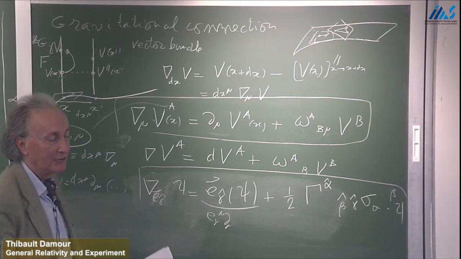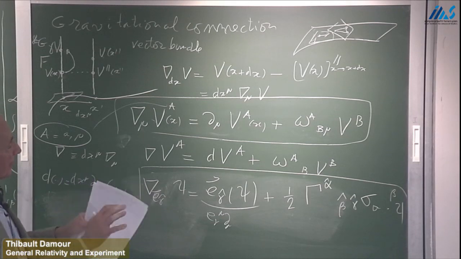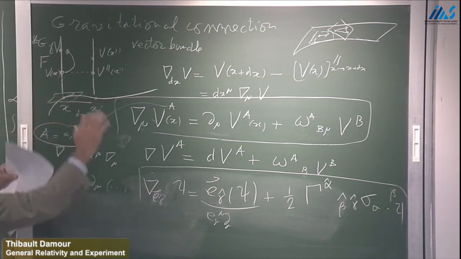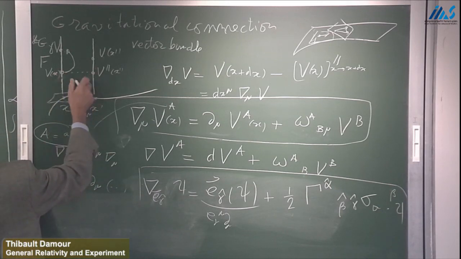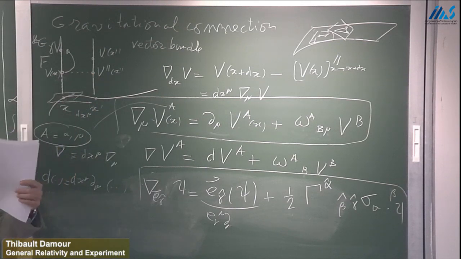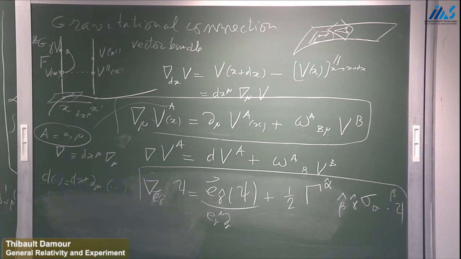So when I do a connection, if I act on a vector, I have a rotation. The parallel transport operation from this point to this point is a rotation in a certain vector space. If it is a vector, it is a local Lorentz rotation geometrically.